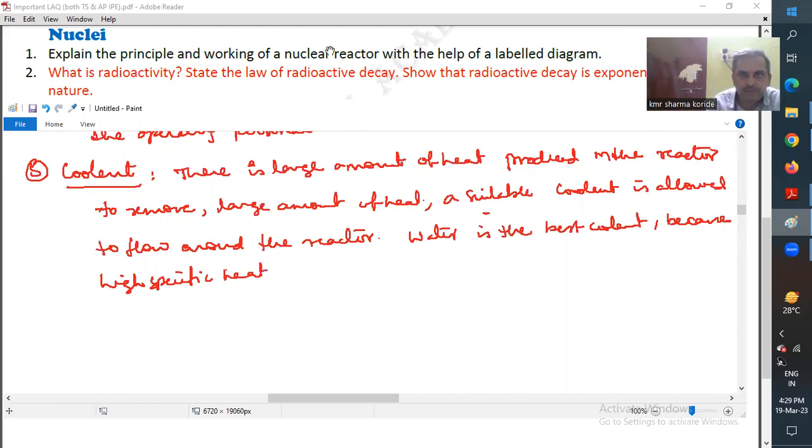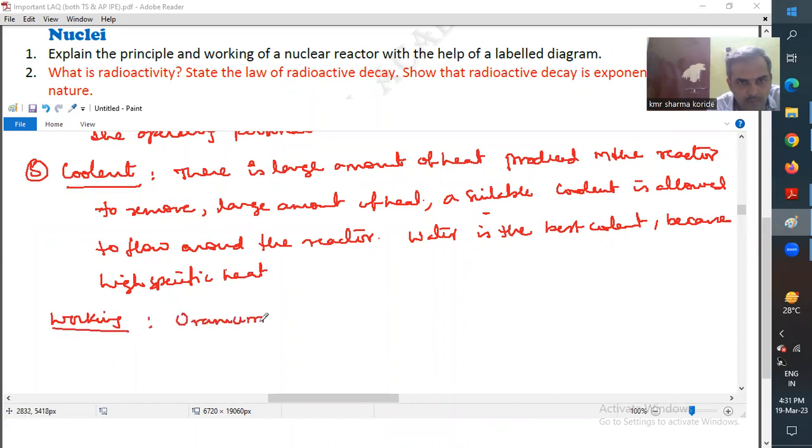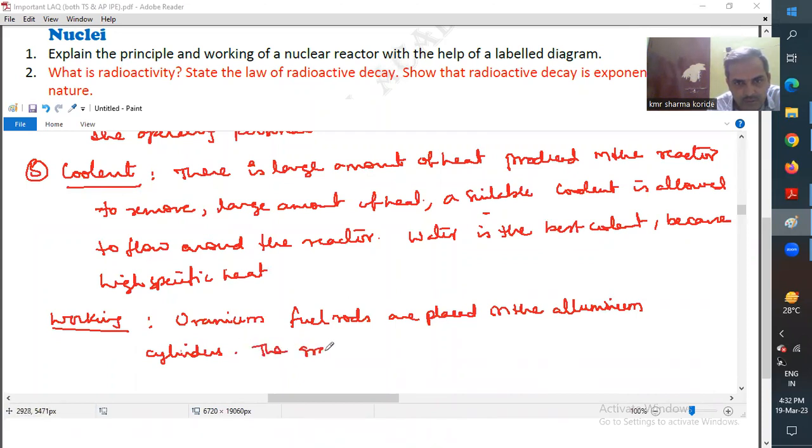So moving to the working. Uranium fuel rods are placed in the aluminum cylinders and the moderators, the graphite moderators, are placed between the cylinders.